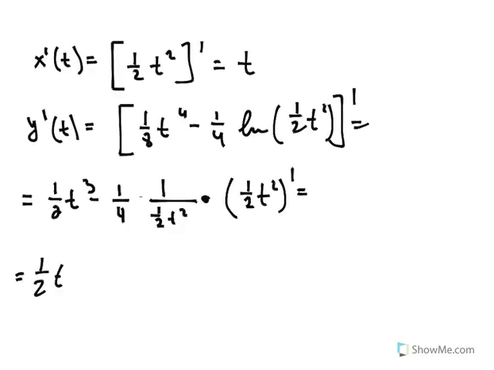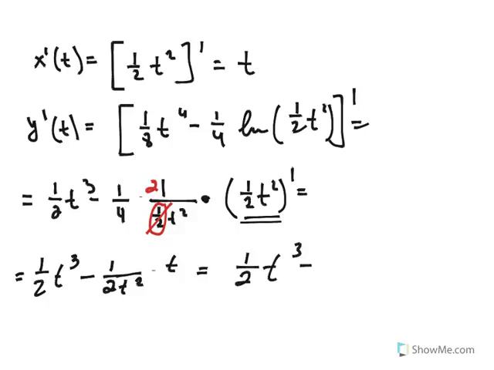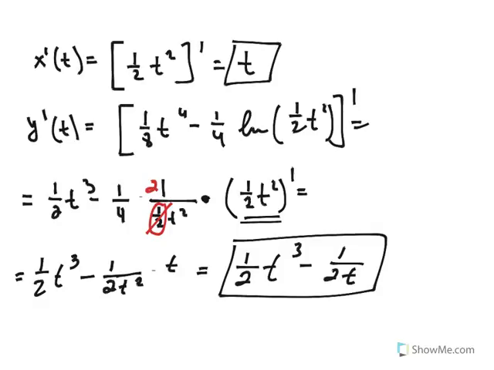So we get 1/2 t cubed minus, so because we have 1/2 on the bottom here, 2 moves up, and 2/4 becomes 1/2, and we still have t squared on the bottom, and derivative of this part right here gives us just t. So that means the final derivative would be 1 over 2t here. So I think we're done. So that's that, and that's that.